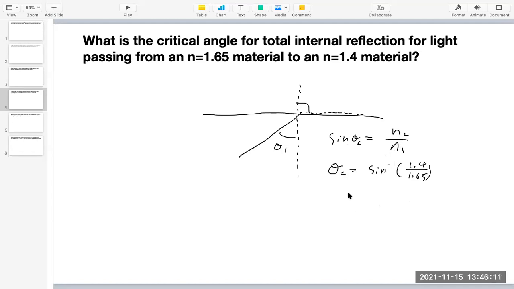Professor, how do we go about labeling which one's going to be n1 and n2? Is it just which one we're given first? I suppose as long as you're consistent, you'll be okay. But I think it makes sense to call the material you start in n1, and the material you go to n2.